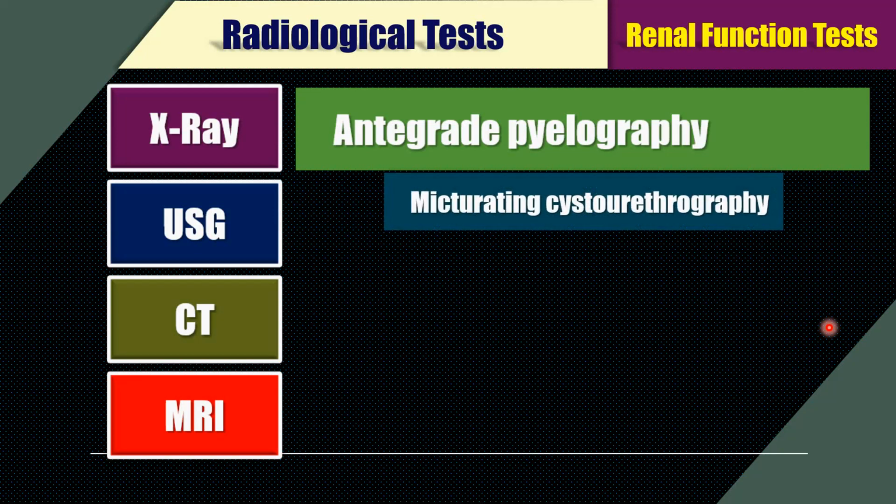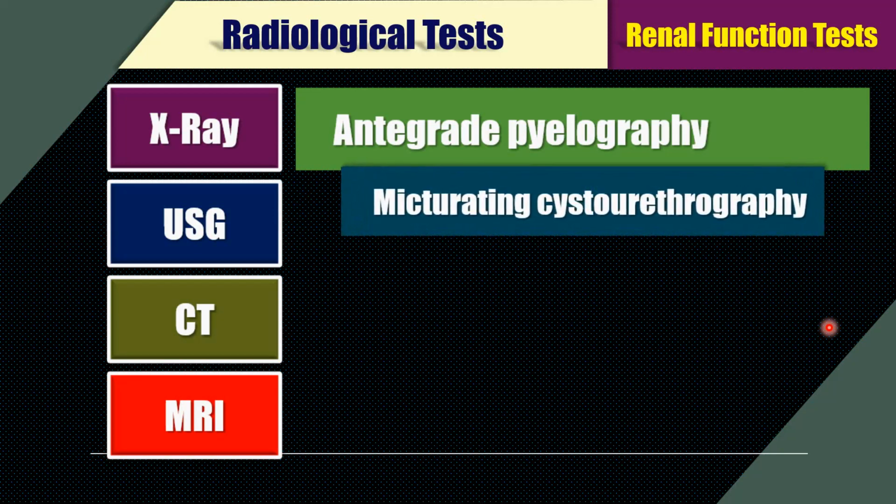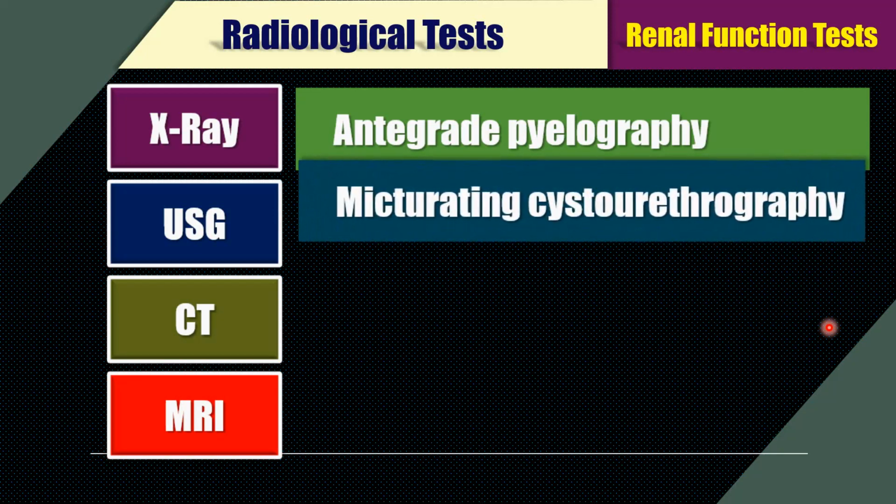The next radiological test is called micturating cystourethrography. As the name suggests, here contrast medium is introduced into the bladder through catheterization, then the catheter is removed, then X-ray is done during micturition, or while passing the urine. This is done usually in children to check vesico-ureteric reflux and emptying of the bladder.